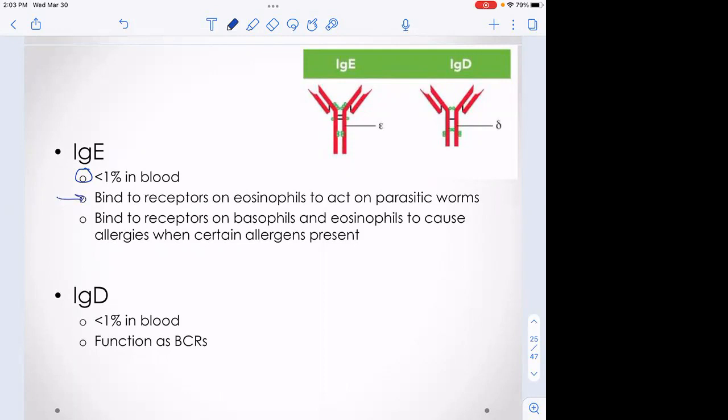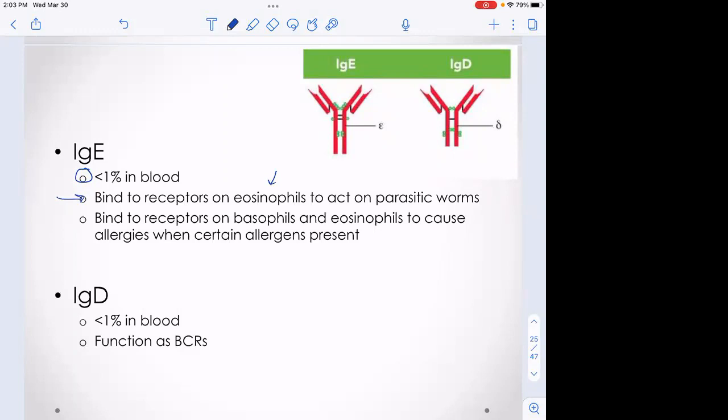Remember that granulocyte eosinophils has a prominent role in fighting those parasitic worms, so it works together with eosinophils to fight those kinds of pathogens. And we do know that IgE is much more common in allergic reactions. So it appears to maybe cause a little bit more immune response than what's really appropriate sometimes.